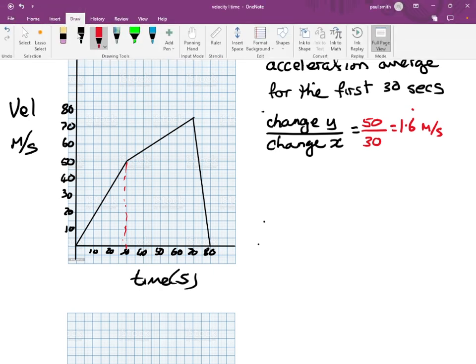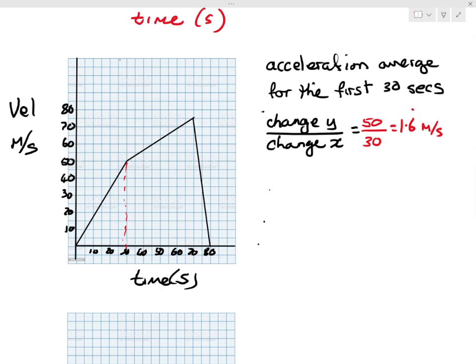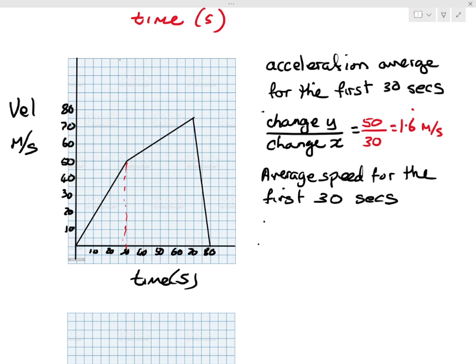Now you would also be asked to work out the average speed for the first 30 seconds. Now this is different, so for working out speed we need speed, distance, time. We know that the speed is equal to the distance over the time.